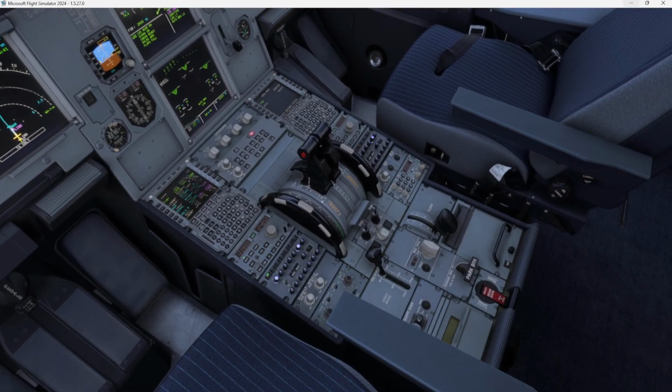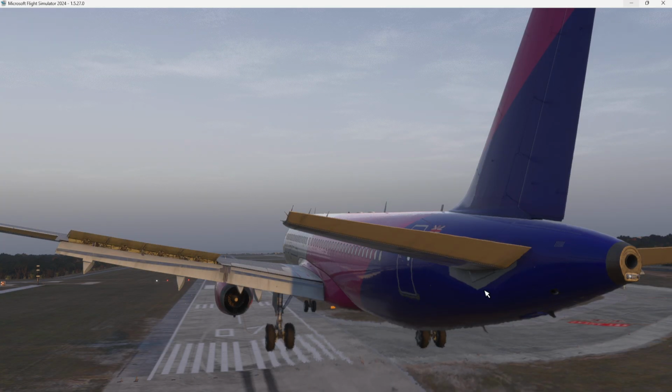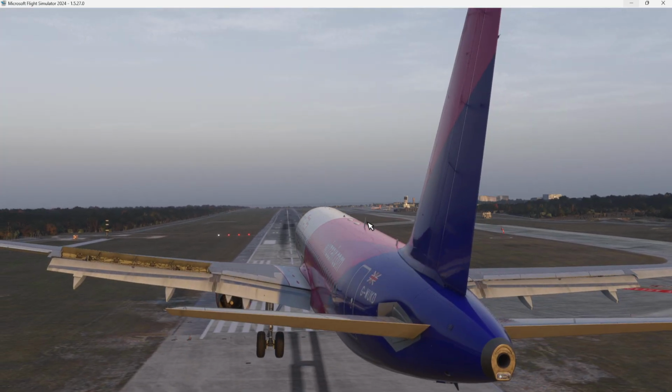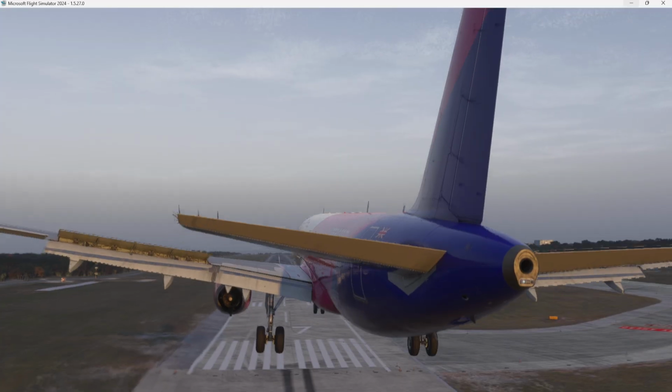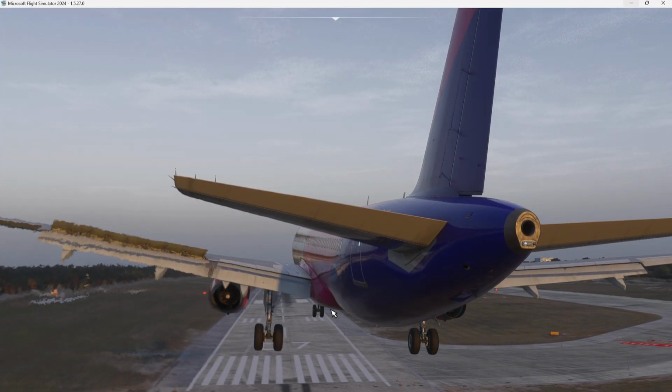You need to know that your ground effect is going to be higher, because the landing gear is not extended, it is retracted, so your wing is near the ground. So you are going to be more subjected to ground effect.